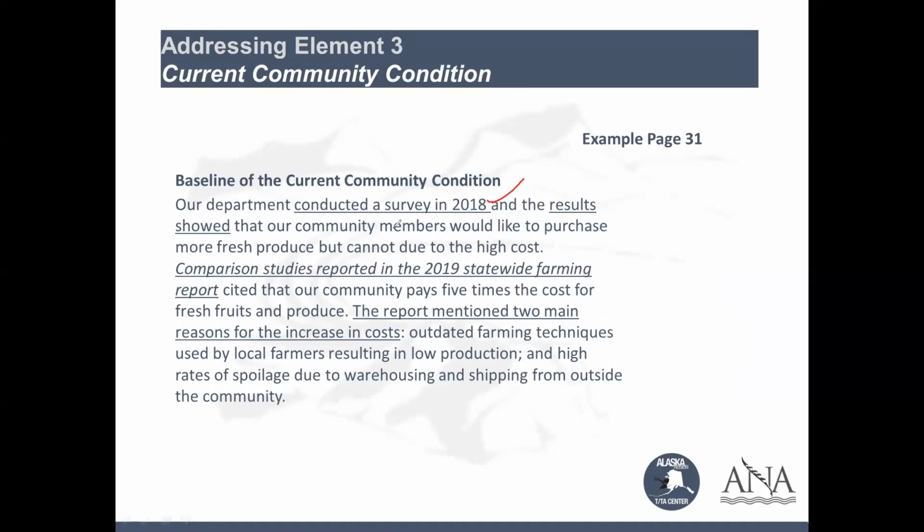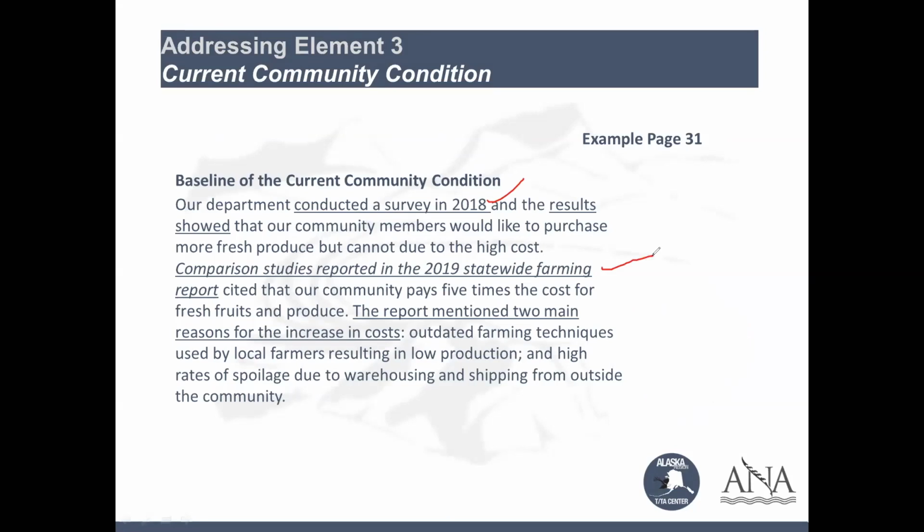The results showed that our community members would like to purchase more fresh produce, but they can't. We talk about a comparison study that cited that our community pays 5 times the cost, and that the report mentioned 2 reasons for that: outdated farming techniques and high rates of spoilage.